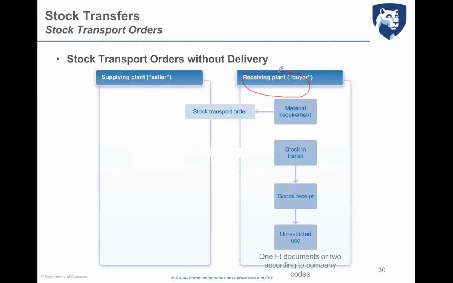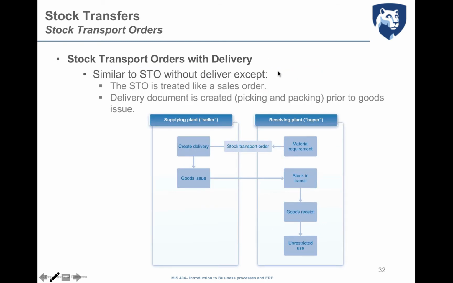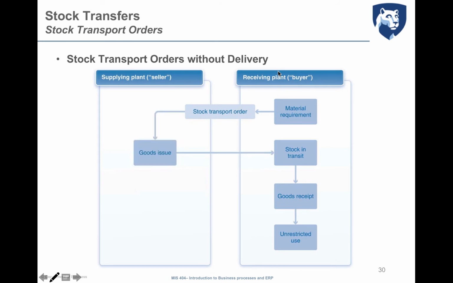Which can be linked or not to other documents such as a purchase requisition. And once this takes place, a goods issue is posted against this stock transport order. So this generates the need to issue some goods at the supplying plant.